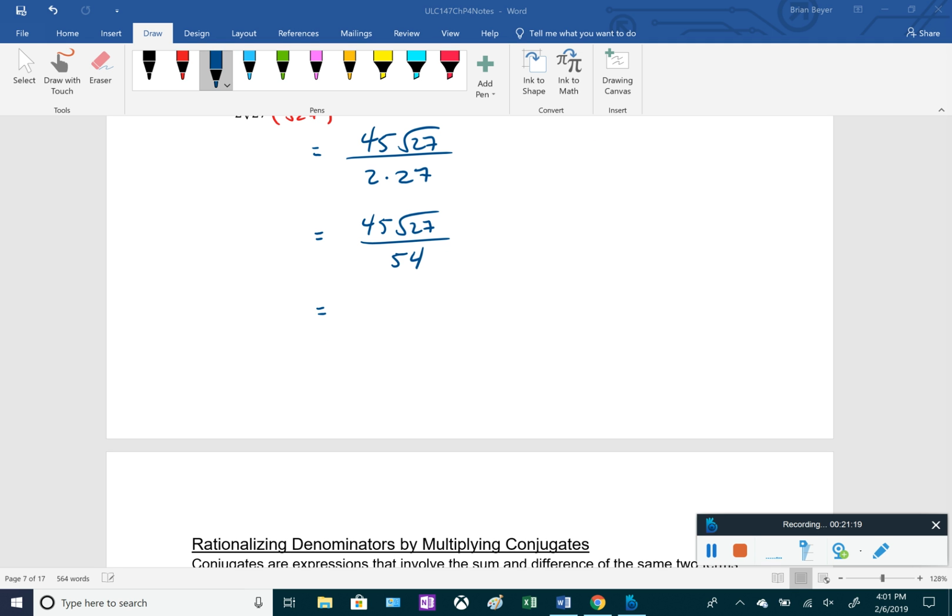So 45 divided by 9 is going to be 5. And then I'm going to leave that be radical 27. And then 54 divided by 9 is going to be 6. So I just simplified those fractions. The reason I did that is because we're going to be simplifying radical 27. So might as well make the number smaller first just to make it easier to work with.